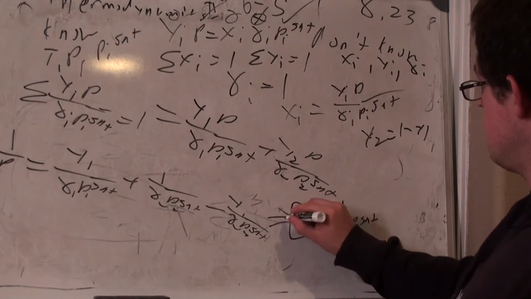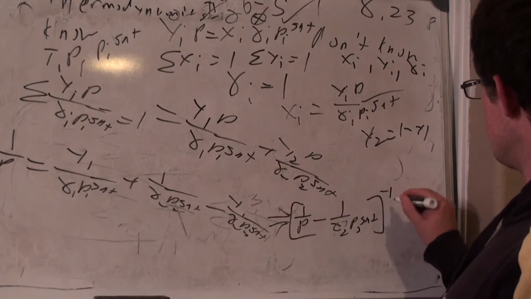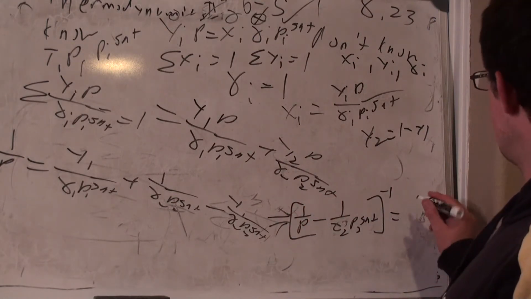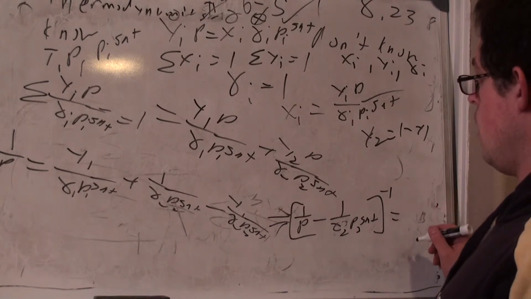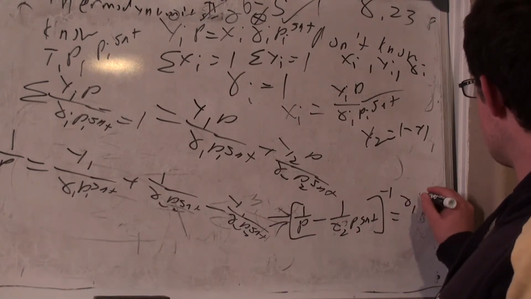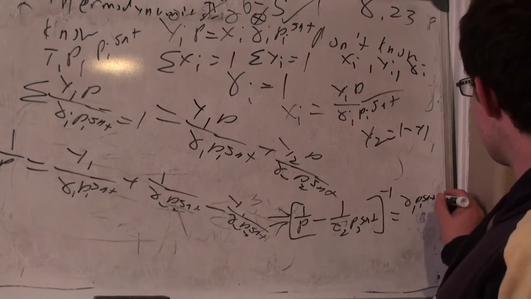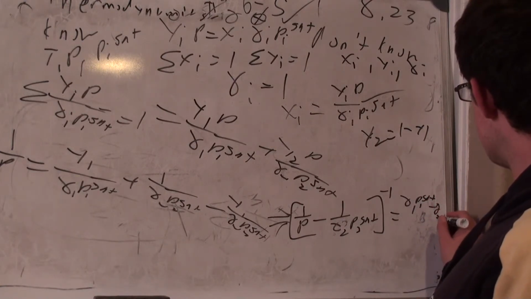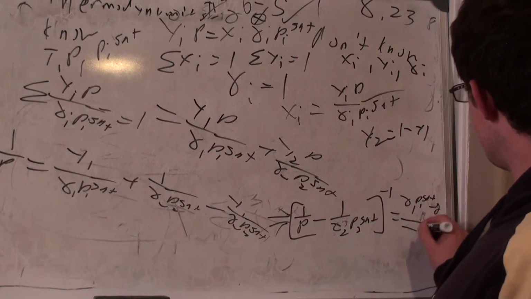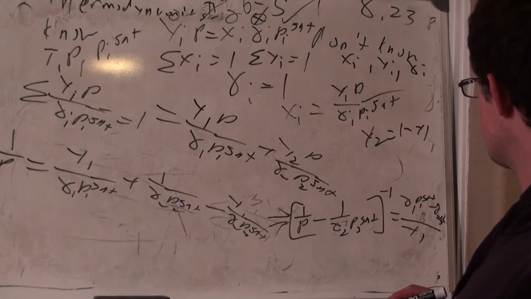That to the minus 1 would equal gamma 1 P1 sat minus gamma 2 P2 sat all over y1. Okay.